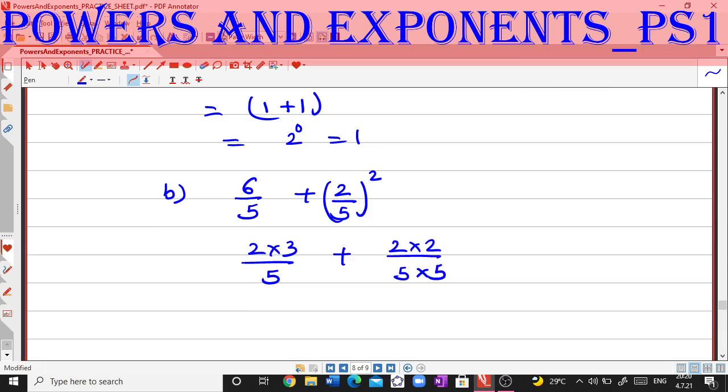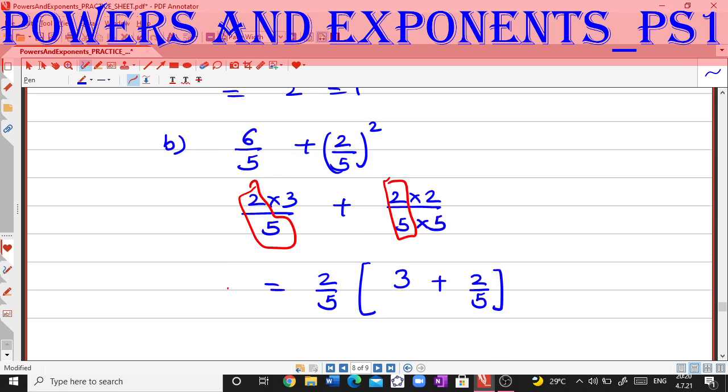So we can take common from these two fractions. This is 2 upon 5 common and this is 2 upon 5 common. So this is 2 upon 5 common thing. Here it is multiplied by 3 and here it is again multiplied by 2 upon 5.